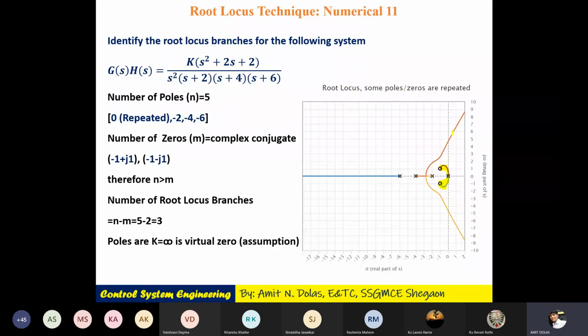Later on, in another example, we'll see that if such a case happens, we have to calculate the asymptote angle, then the centroid, and the breakaway point. We will not concentrate on that now. Here K is equal to infinity, or virtual assumption.